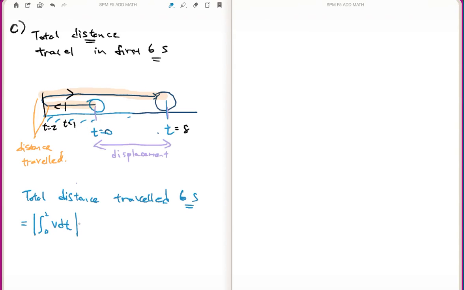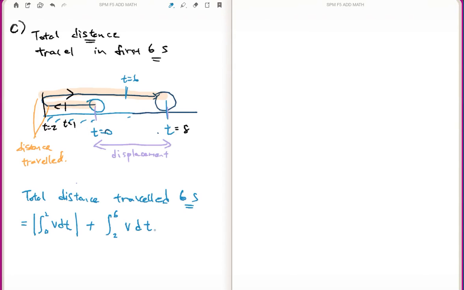From 0 to 2 is supposed to be negative, but I want the distance, so I put it into a modulus. Plus from 2 to 6, somewhere here, but 8 is still to the right, so all you have to do is to integrate from 2 seconds to 6 seconds of v dt.